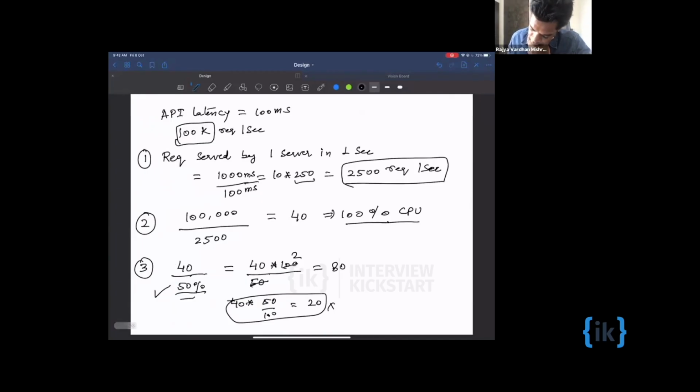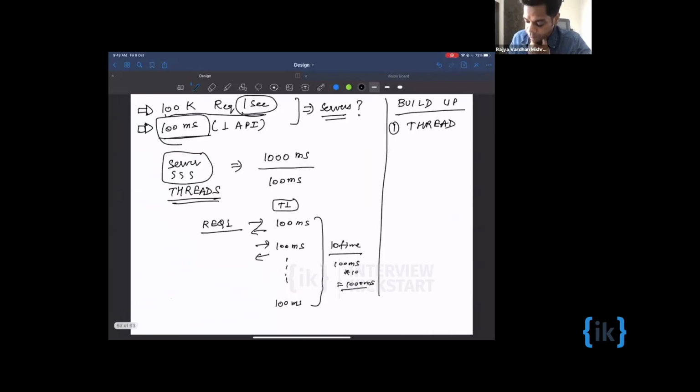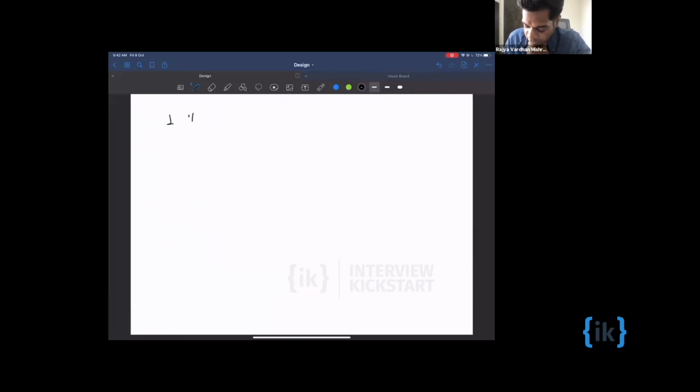So this is where this part is coming: requests served by one server in 1 second. That's why we have 1000 milliseconds divided by 100 milliseconds, so this is 10. That means one thread is equal to 10 requests per second. Our buildup was from the thread first, then we go to the server level. Now I know that one thread can serve 10 requests per second.